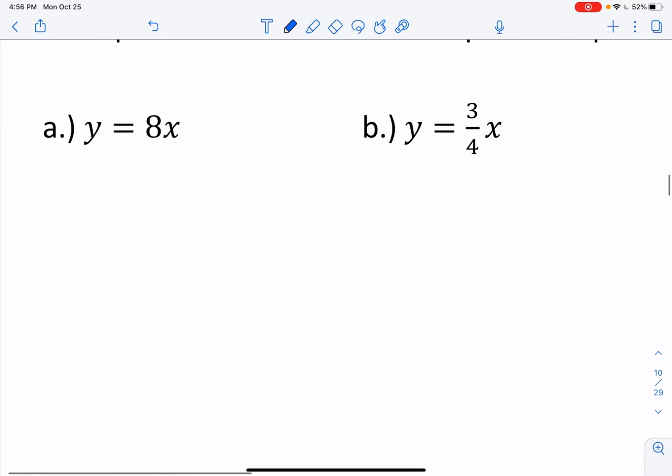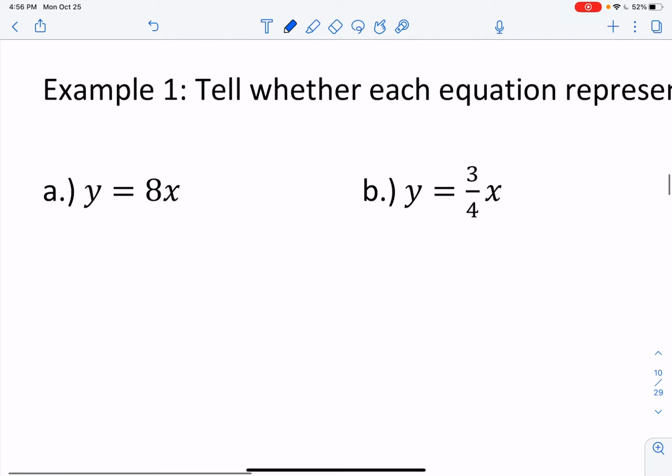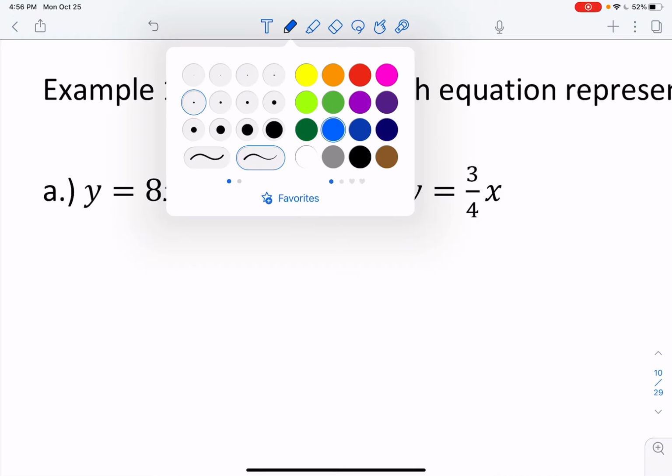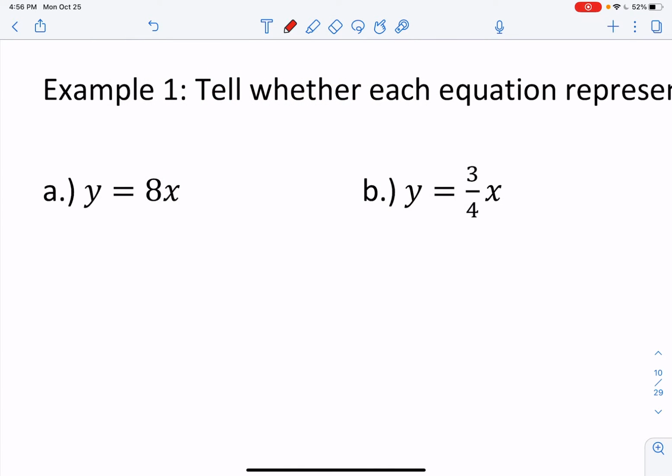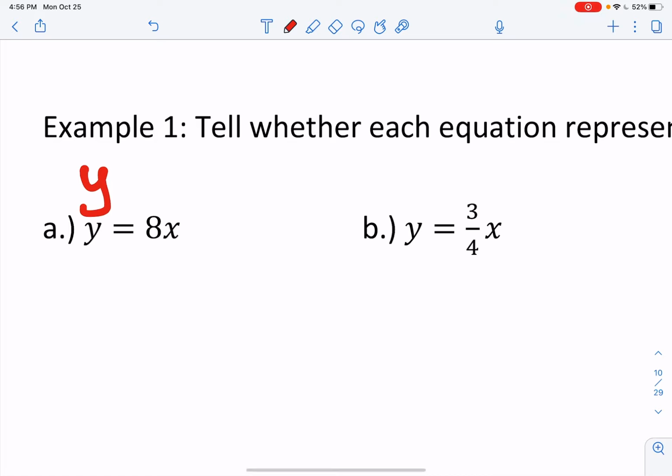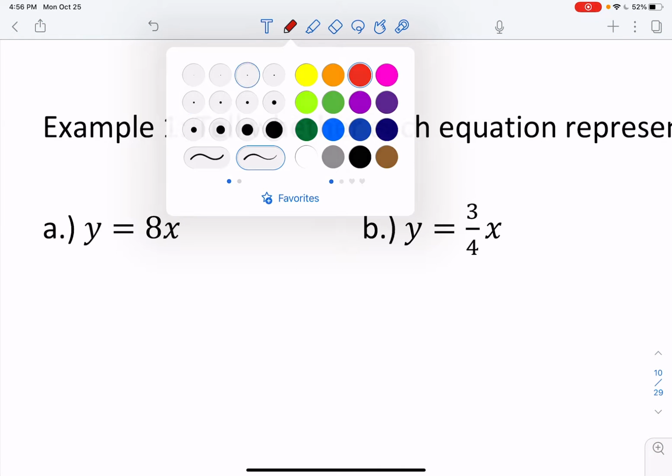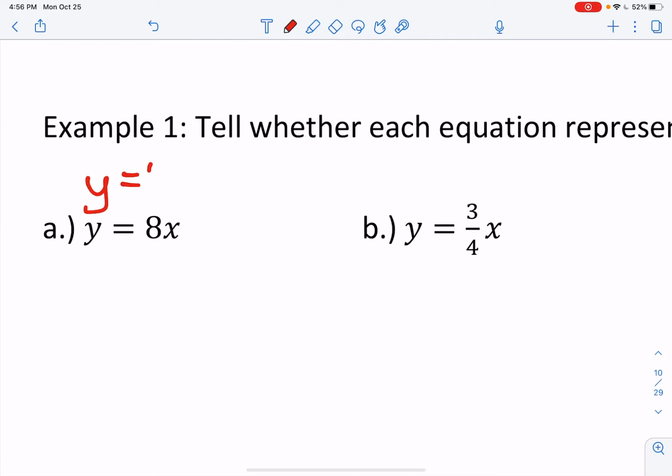In this case, y equals 8x. Does that follow this template, y equals kx? We see it does. And k, in this case, would be 8. So k equals 8.